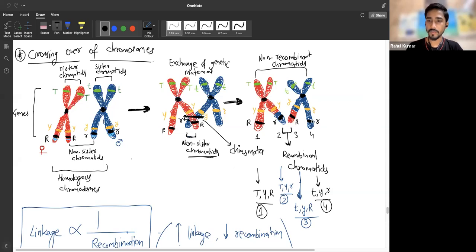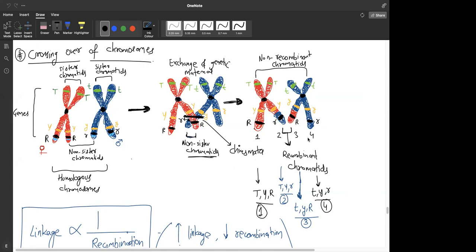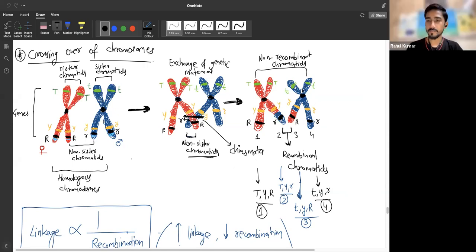Chromatid 1 and 4 here in this picture are non-recombinant, parental types. Non-recombinants are also known as parental type. They are just like the parents, no?